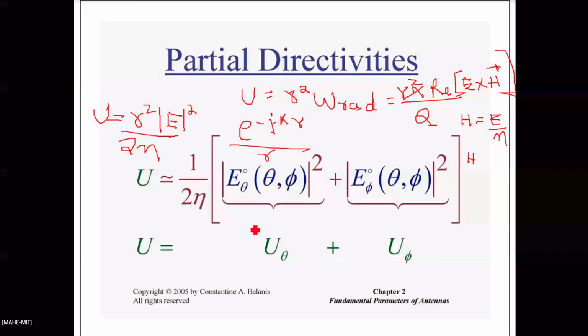This R square will cancel with this R square, so R is removed from the expression. The maximum value of e raised to the power of minus jkr is 1. The magnitude part of e raised to the power of minus jkr is 1.